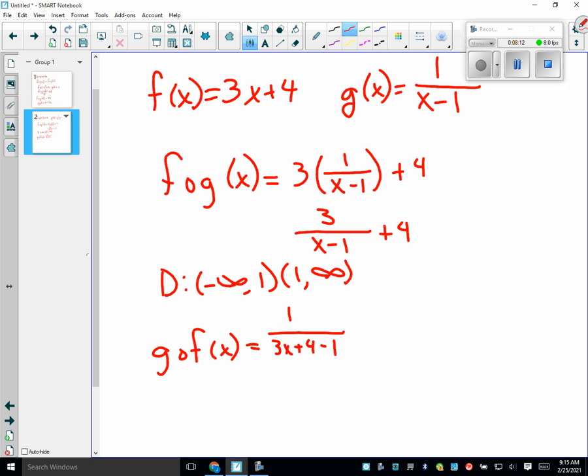Right? 3x plus 3. Which is 1 over what? 3x plus 3. So it can't be negative 1. So what is my domain? Domain is negative infinity to negative 1, and then negative 1 to infinity. You okay with that? That's still not hard yet, is it? No.